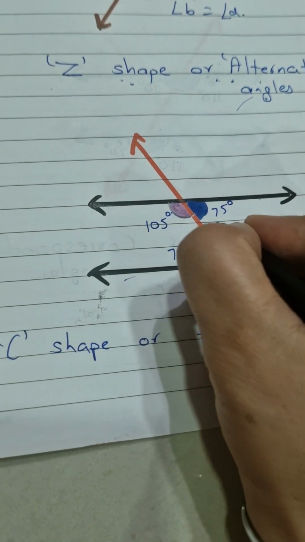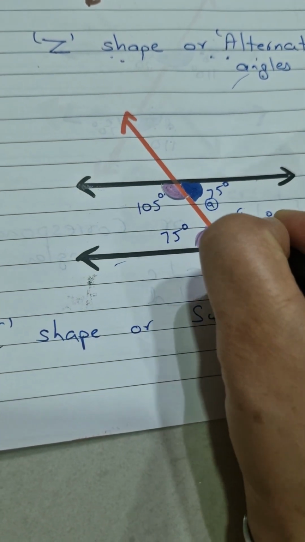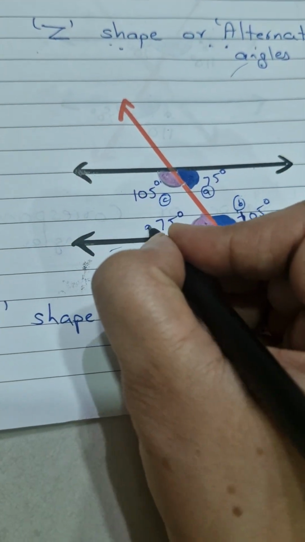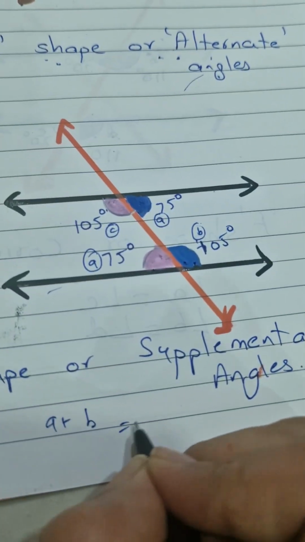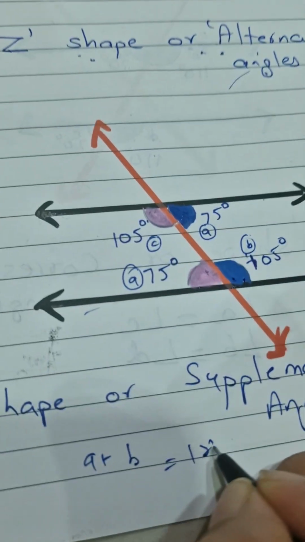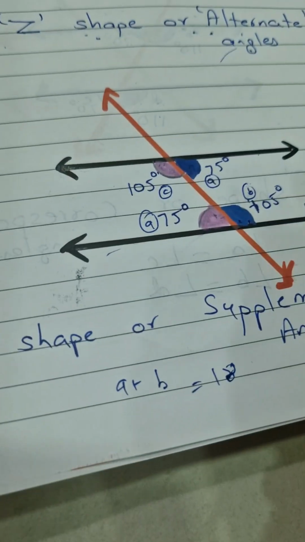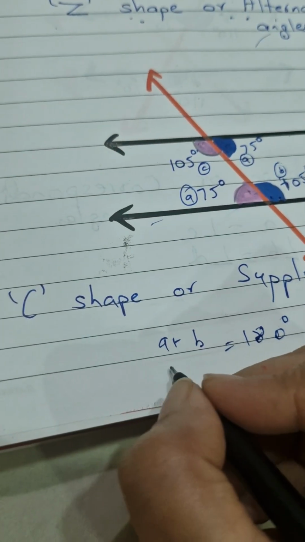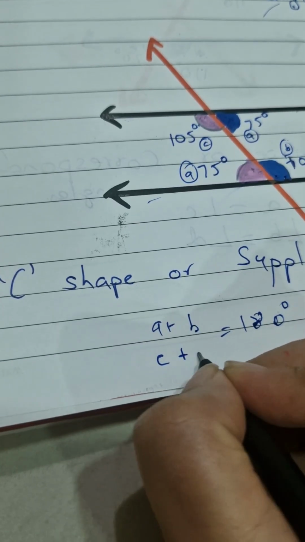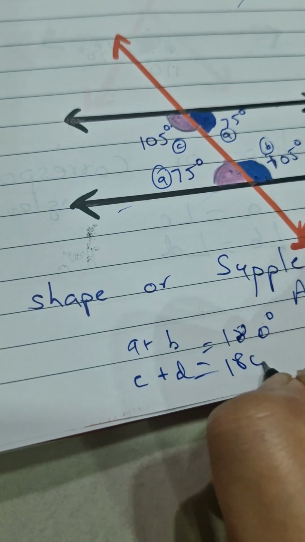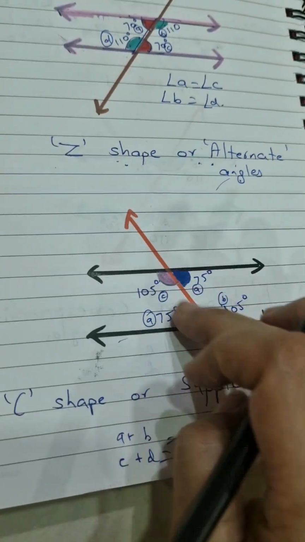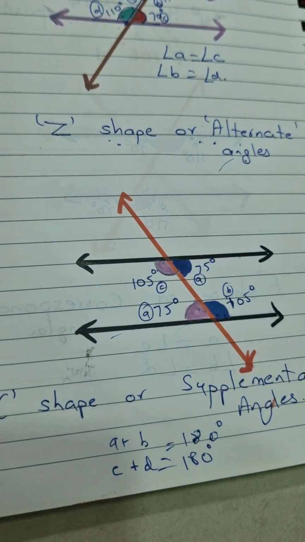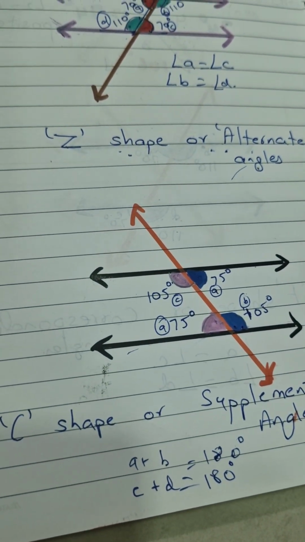So let me say here A, B, C and D. So we will say A plus B equals 180, and angle C plus angle D is also equal to 180. Okay, so I'm repeating again, C-shape angles always add up to 180 degrees.